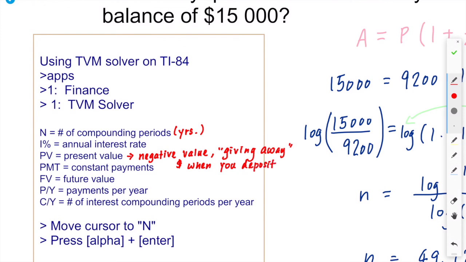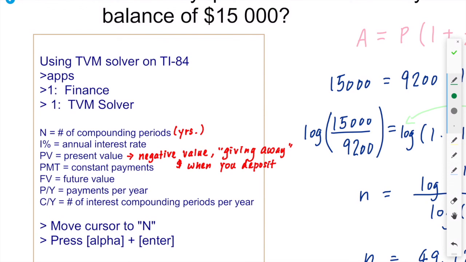And then future value in this case would represent how much money you want to have at the end of your investment. And then the number of interest compounding periods per year, because this is quarterly, you will be using 4.